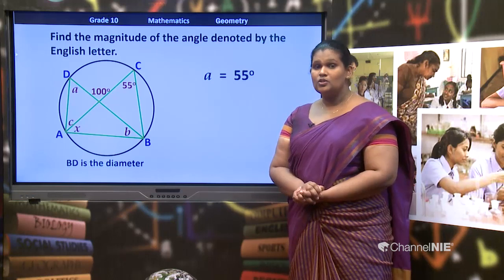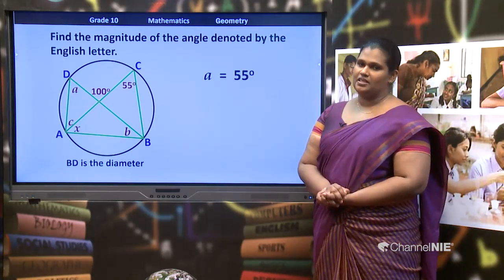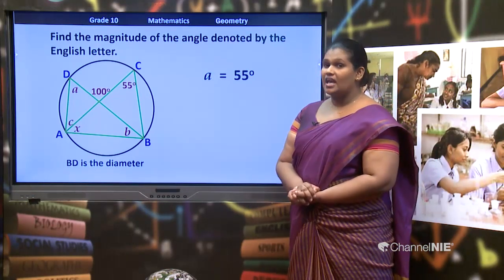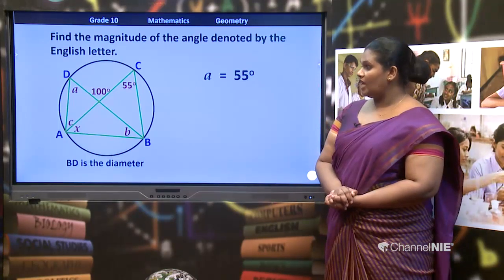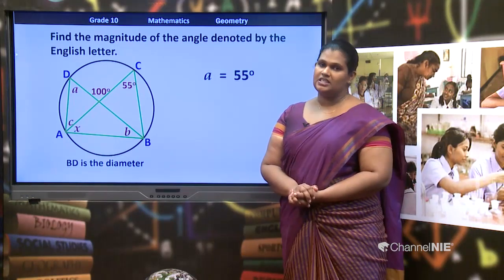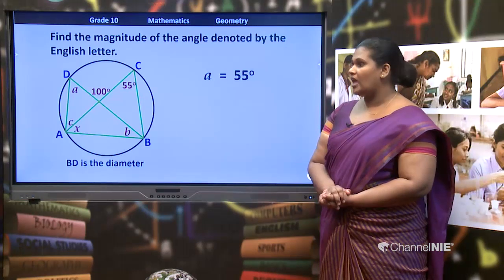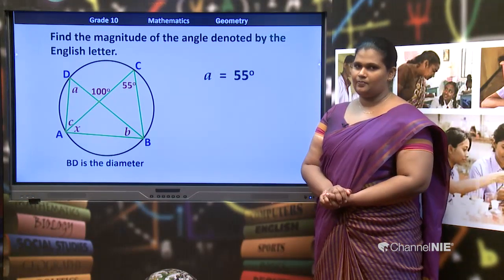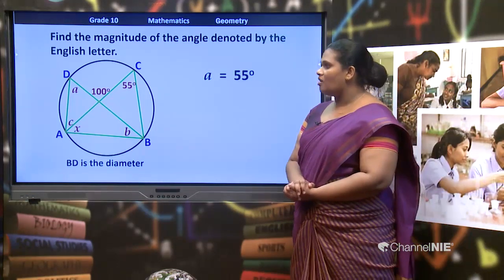The reason is both angles are on the same segment. So, angle ADB is denoted as A and they have mentioned the magnitude of the angle ACB, that is 55 degrees. Therefore, we can say the magnitude of A is equal to 55 degrees.